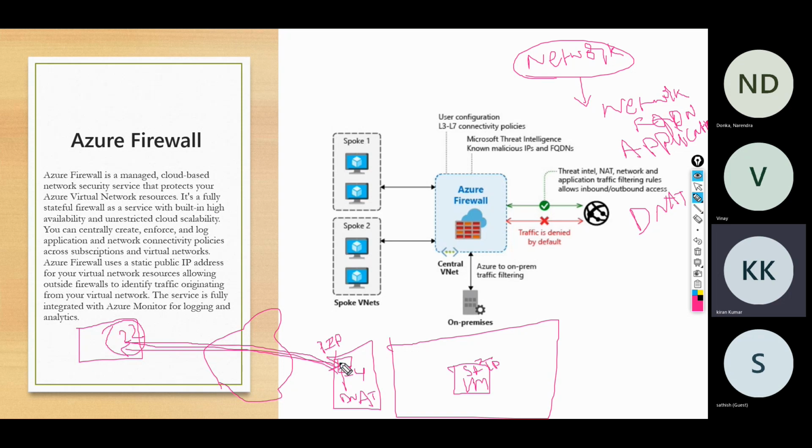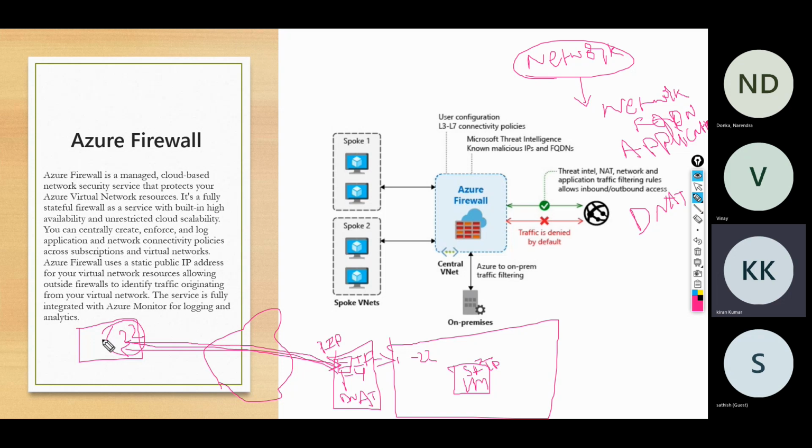We need to get that list and create the rule. In the source and destination we provide the firewall public IP address. After that, the translated IP address means the actual backend, the VM's private IP address and the particular port number, which we provide.